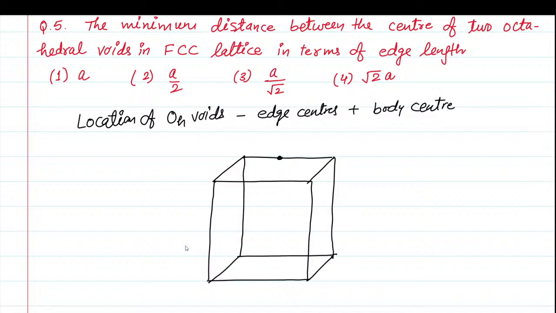Edge center, this edge, center of these edges, and this is the shortest distance. So say this part, because it's the center of the edge, is a by 2, this is also a by 2. Take this as x, the minimum distance between the two octahedral voids.